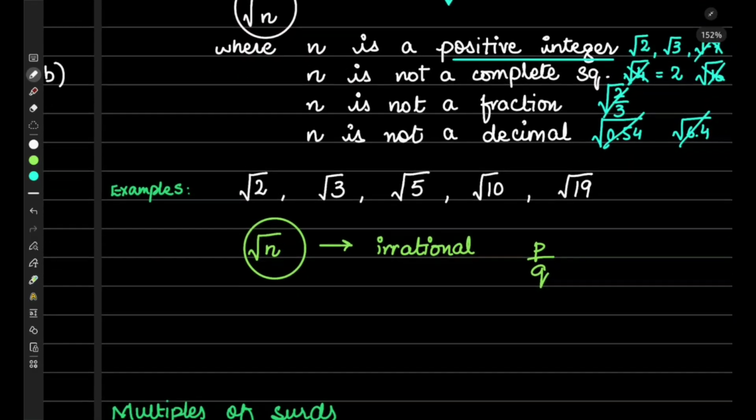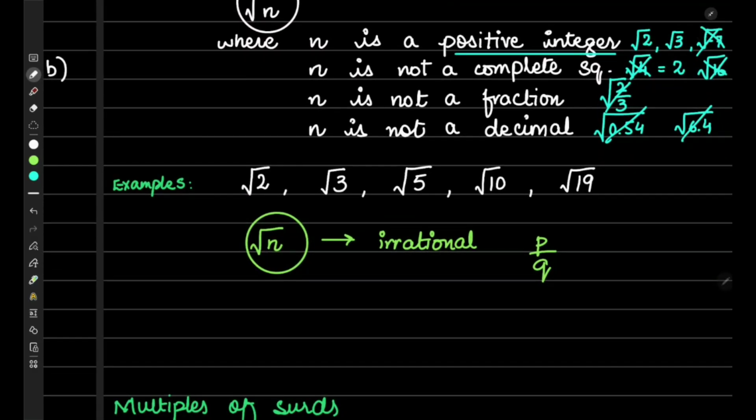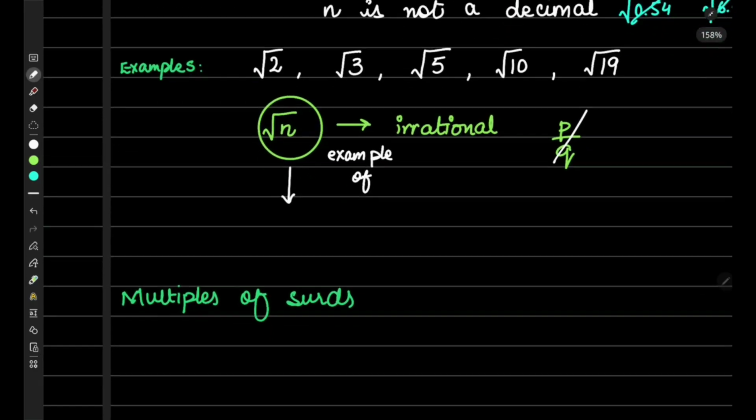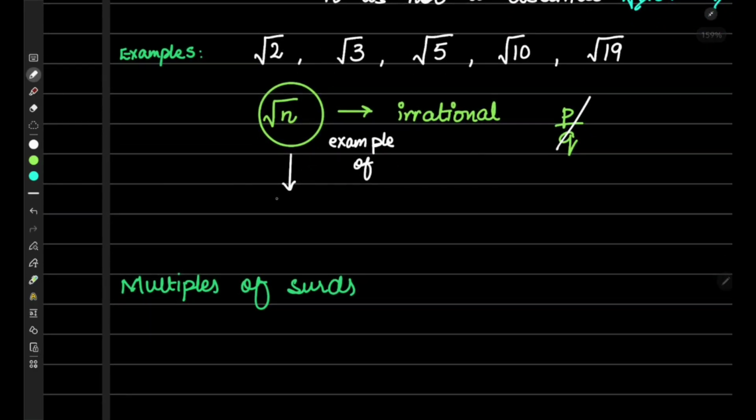A surd is actually an example of irrational numbers. What are irrational numbers? Numbers that cannot be written in p over q form. How can you say that it's an irrational number? Because the square root of n will give you a non-terminating and non-recurring decimal.